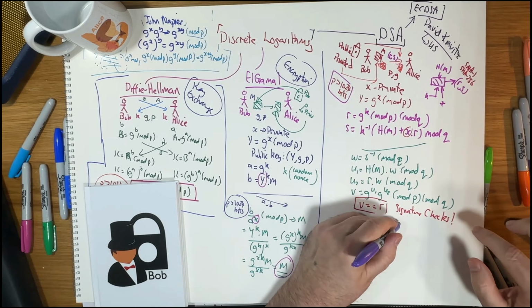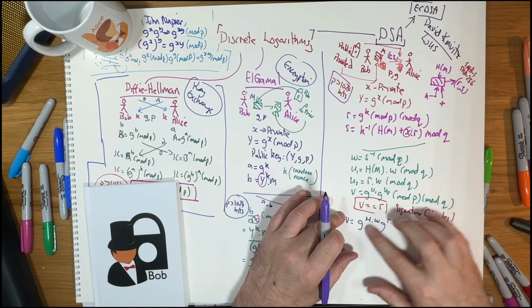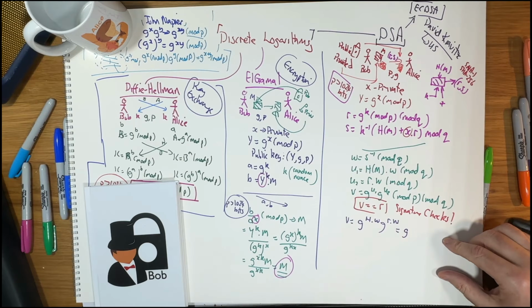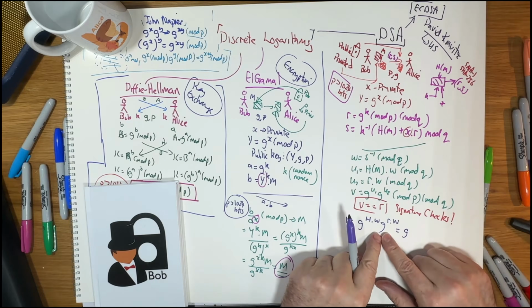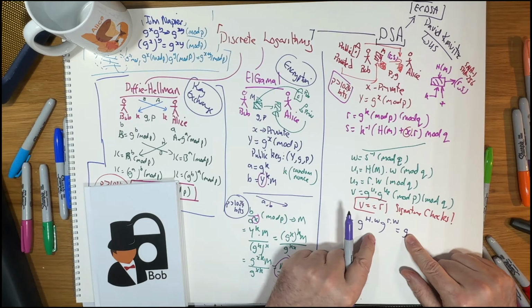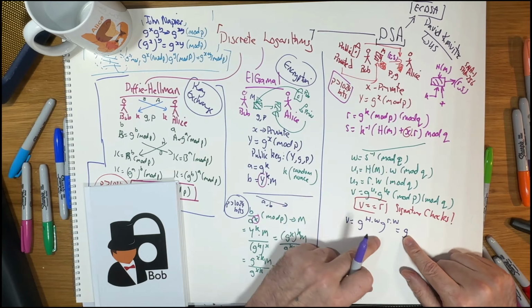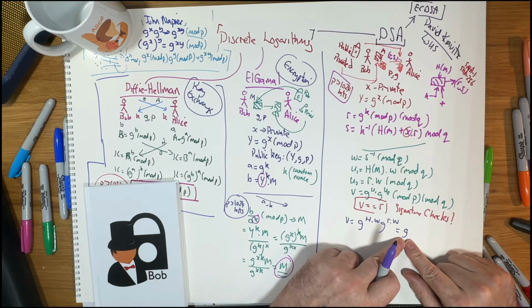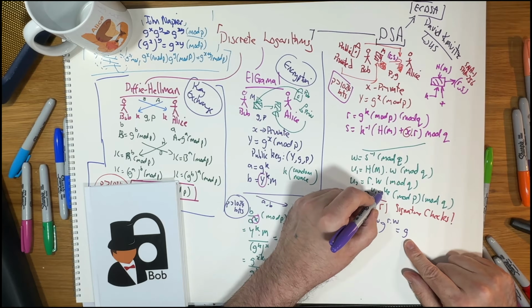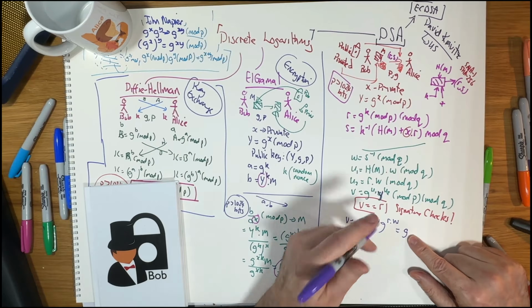I'll leave off the mod part here just to show the proof, but obviously we're taking the mod operations to make it work. The value that we have here, G to the power of X, should be Y.